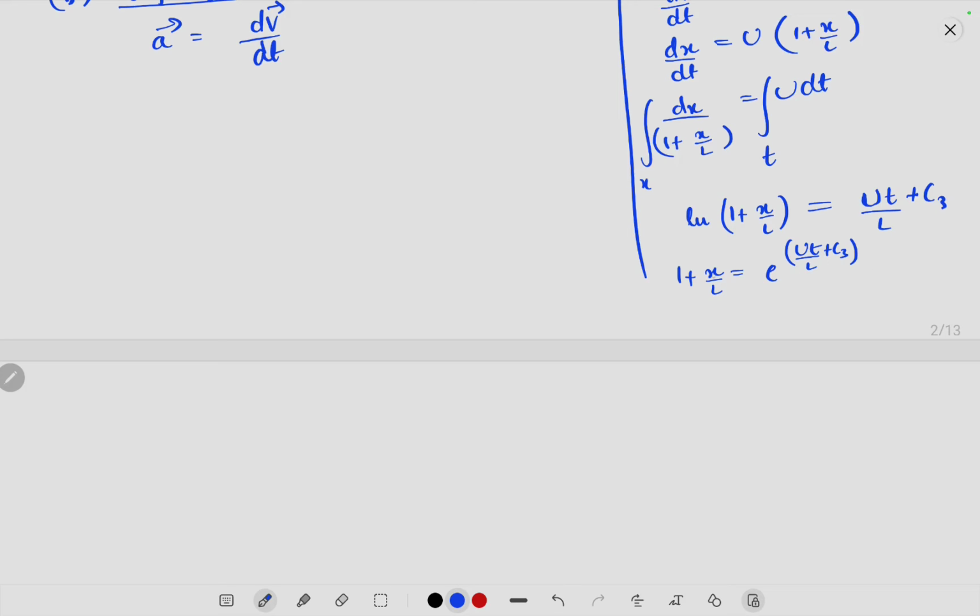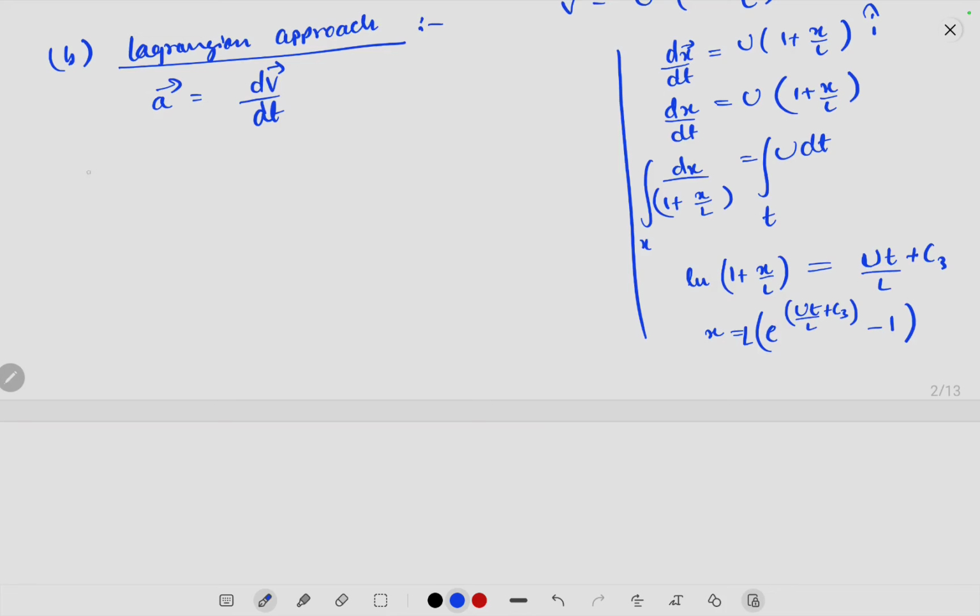Okay, and if I take 1 this side, this will become minus 1, and if I take l also this side, this will become l times this thing. Okay, so my x is l times e to the power ut by l plus c3 minus 1.